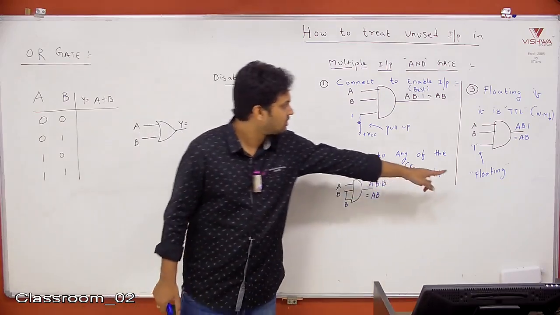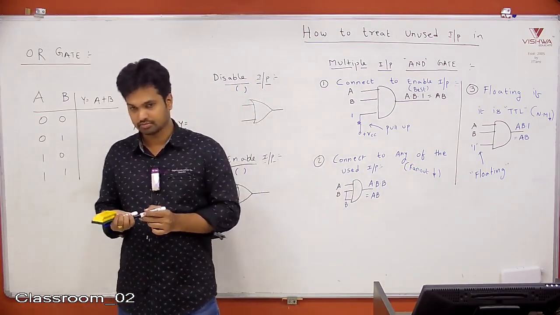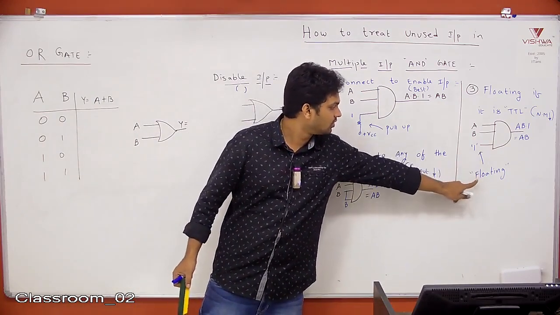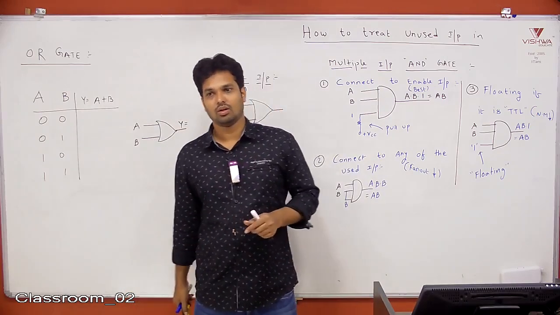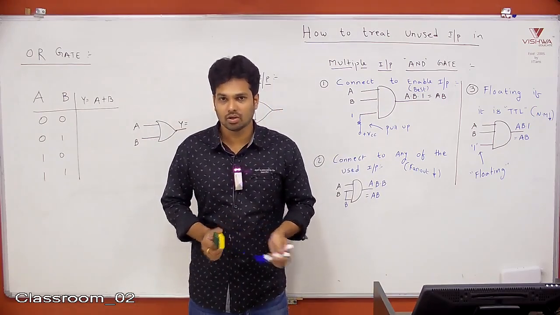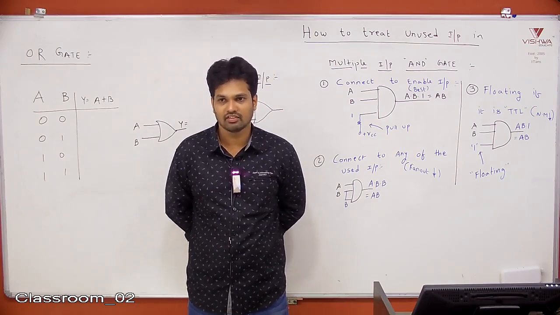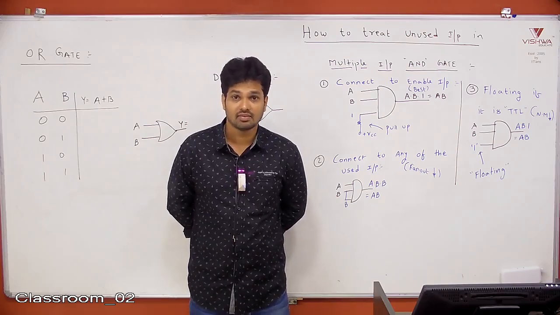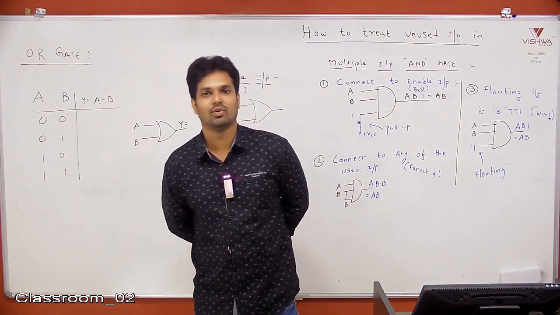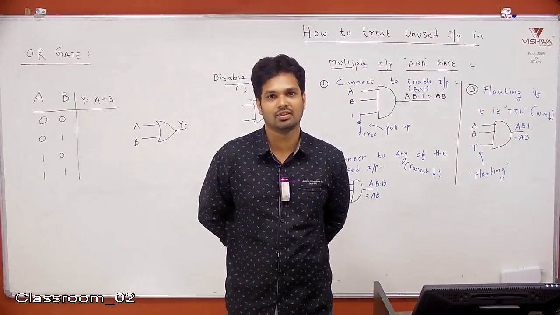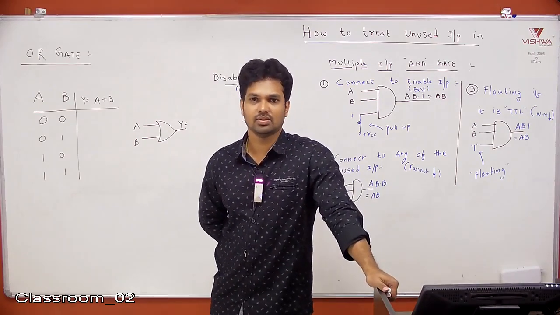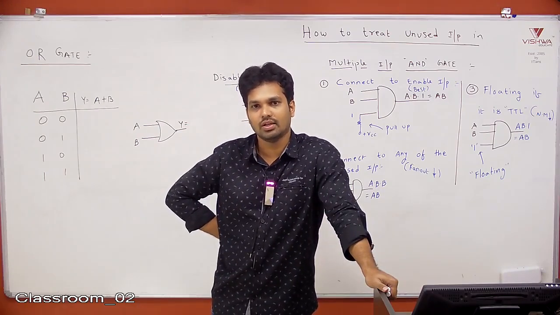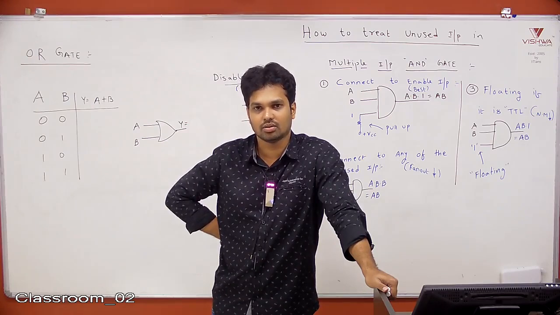Okay, after this, add one point. After this one, after this floating input in TTL, after this third option, write down. So out of the three available options, the disadvantage with the second option is noise margin. Sorry, please strike off.